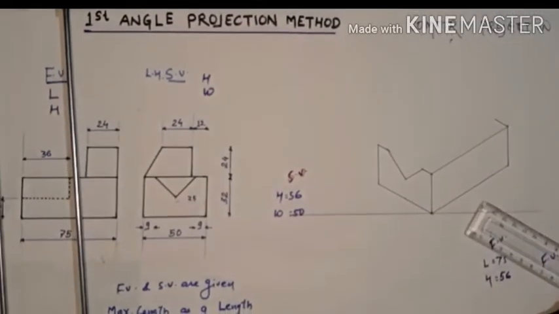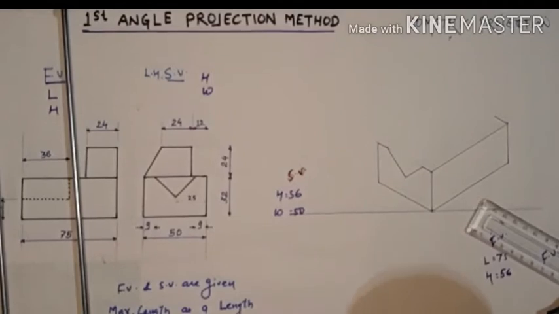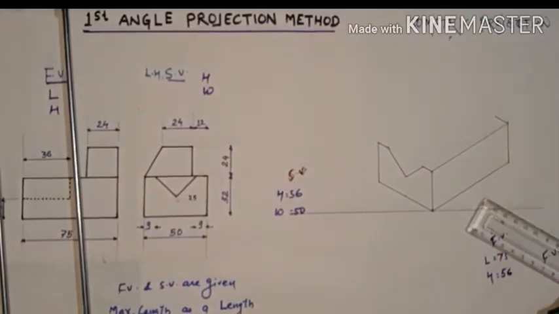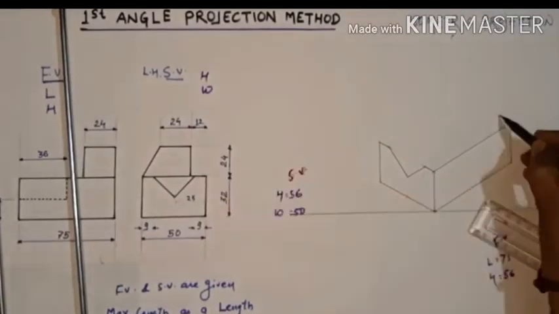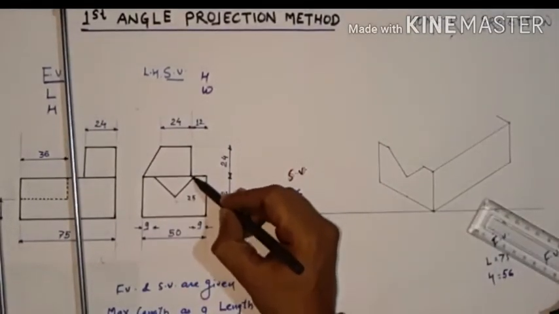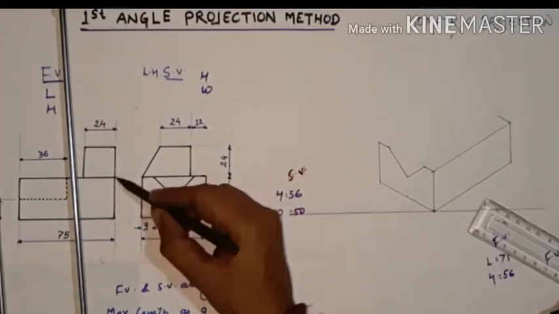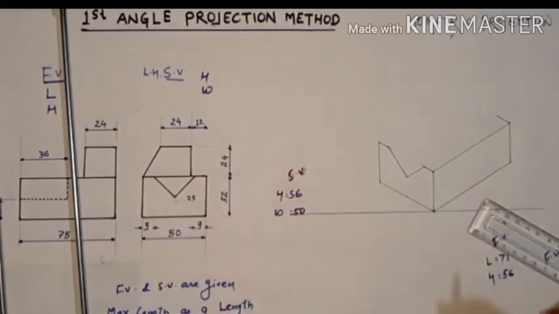Okay, so this is clear. Now we start drawing the height. So from here, this is your 12 mm. Now what is the height? So this is 12 mm again. What is the height? It is also 24 mm.